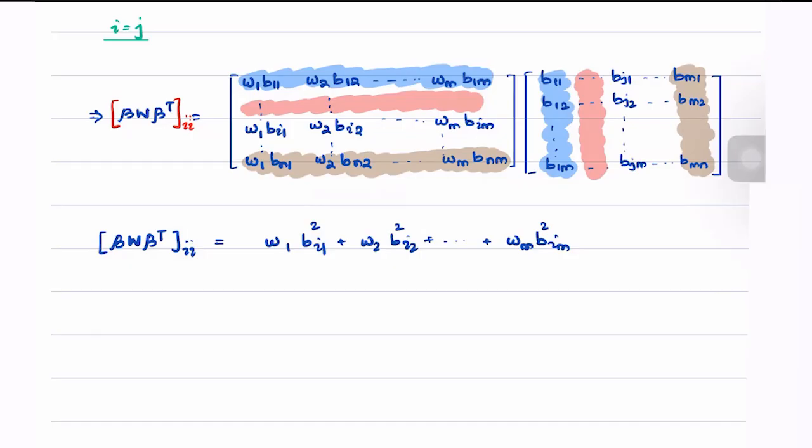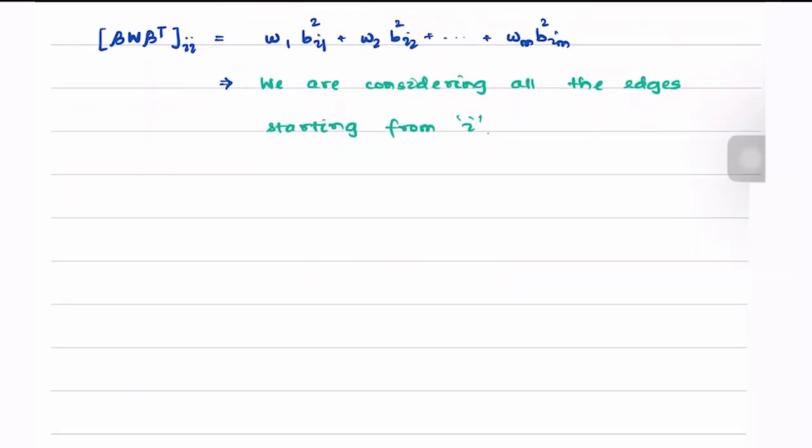Notice that in this expression, we are looking at Bi1, Bi2, up to Bim, which implies we are considering all the edges starting from node I, meaning this summation is simply equal to the degree of node I.